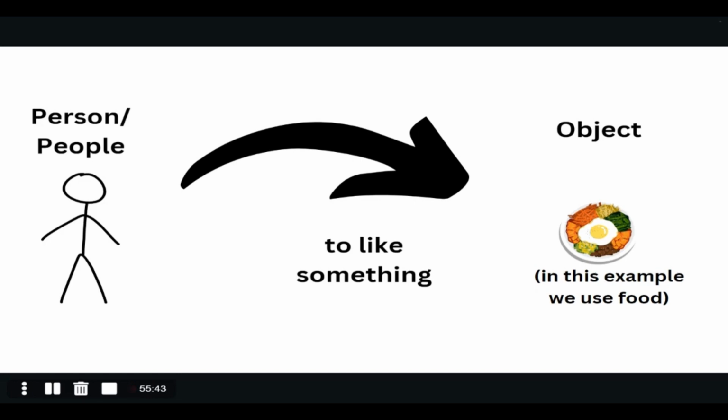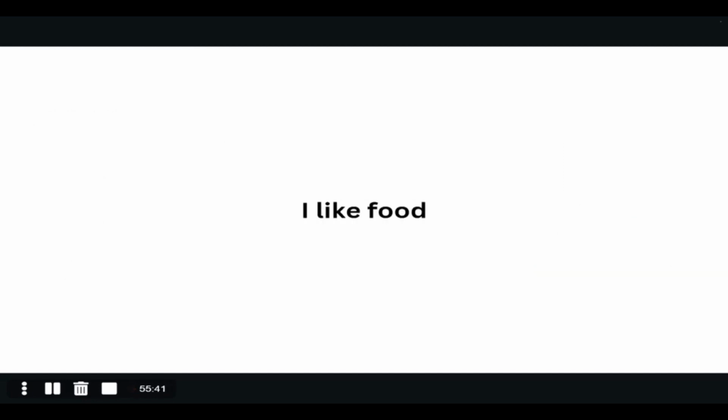Now, for us to understand this, of course, as I said, I like food. We need to go to what is the difference between I like food and me gusta la comida, which also translates to I like food. Well, here is the main difference.